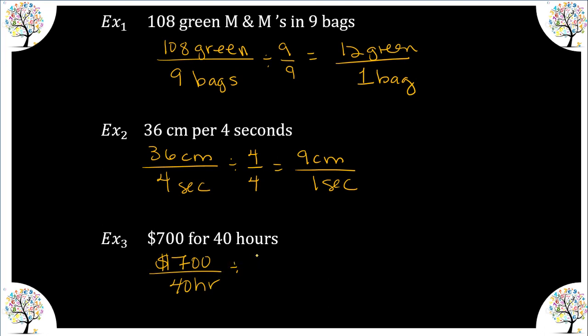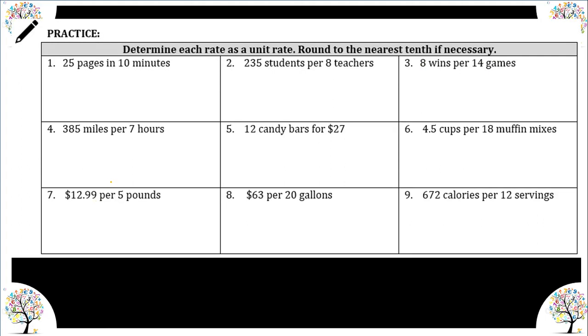To find what we make per hour, we divide by 40, and we make $17.50 per 1 hour. Pause the video, practice these problems, make sure you set up your rate and then find your unit rate if you need to. Round to the nearest tenth.